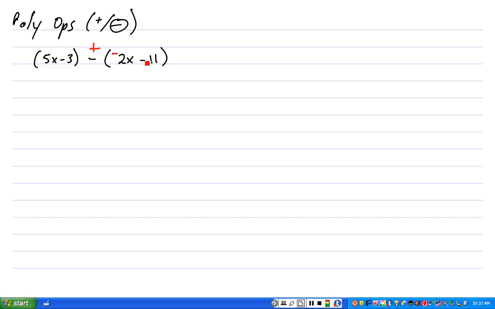Right now it's minus 11, so we're going to change this minus 11 to plus 11. So that's what I mean by changing the signs. What was initially a positive 2x is now a negative. What was initially a negative 11 is now positive. Now because we've changed all of the signs in the polynomial behind the minus sign, we can now change minus to addition.